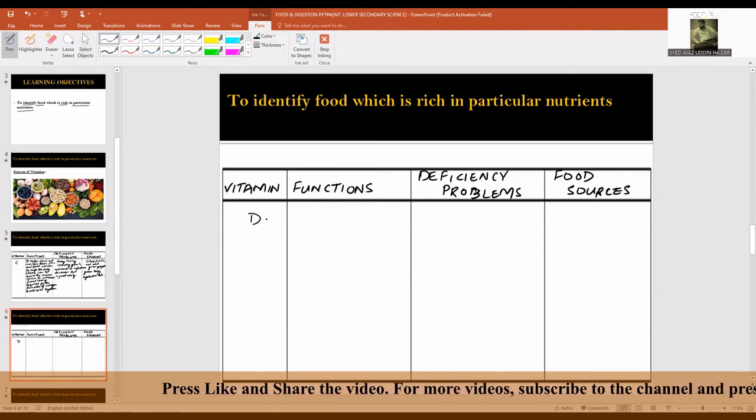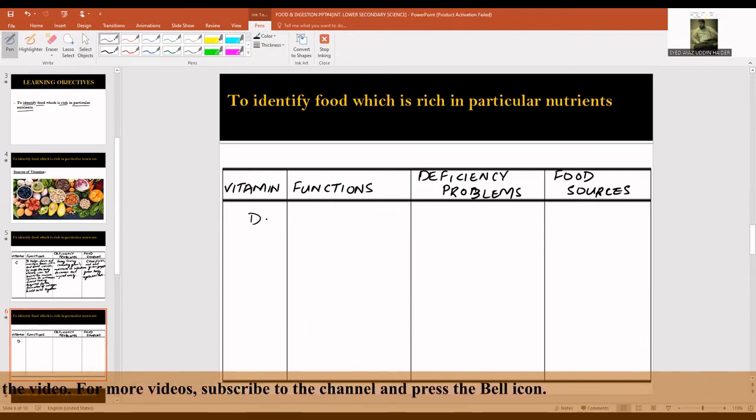Vitamin D is required for the growth and development of bones.